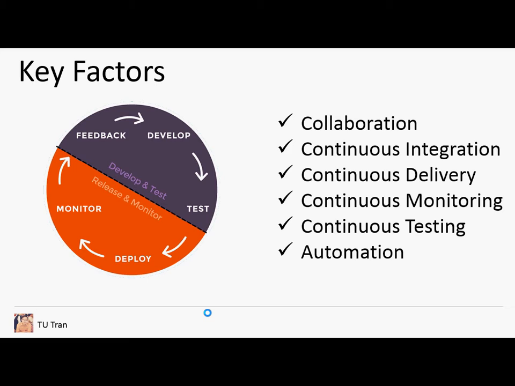So DevOps relies heavily on automation tools. For example, with testing, we can use tools such as the unit test, the UI test, or the integration test to verify the function of the software. This will help us cut down the time we use for retesting every time we deploy the new version of the app.